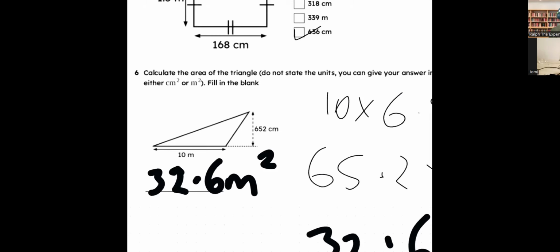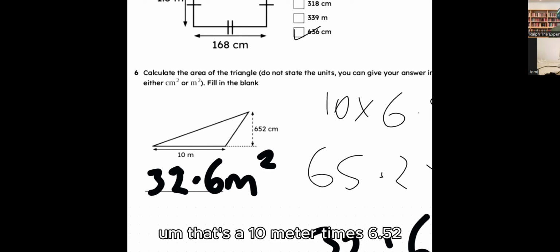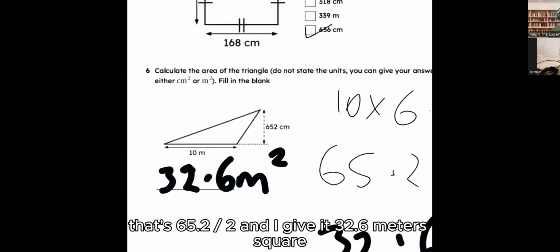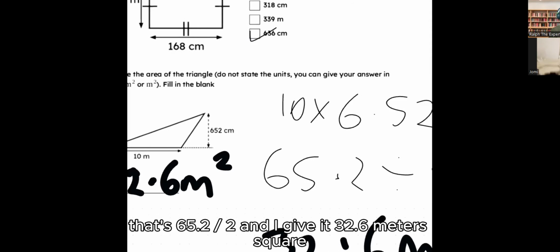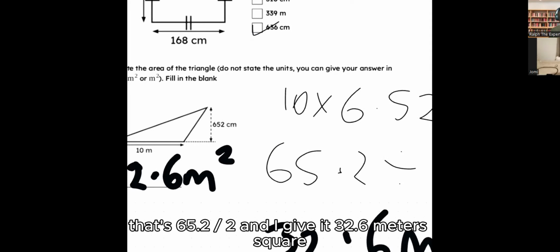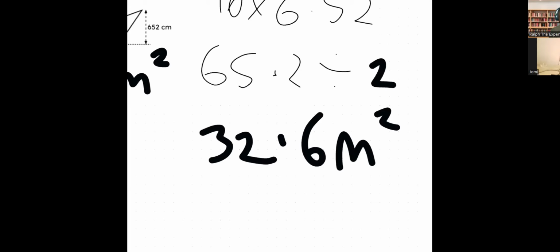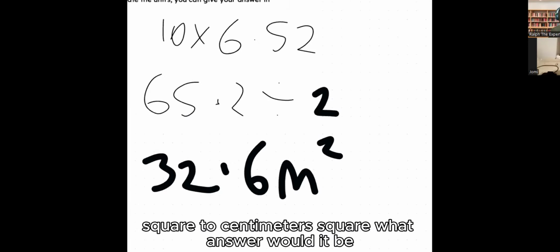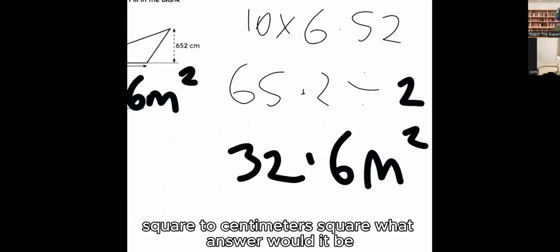Okay. That's 10 meters times 6.52, that's 65.2 divided by 2, and I gave it 32.6 meters square. Yeah. Okay. If you were to convert 32.6 meters square to centimeters square, what answer would it be?